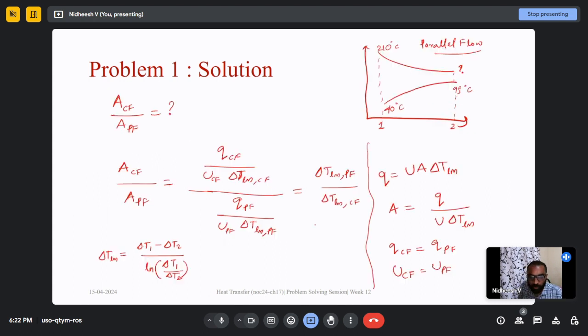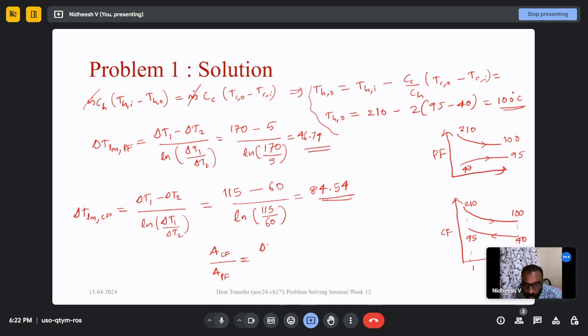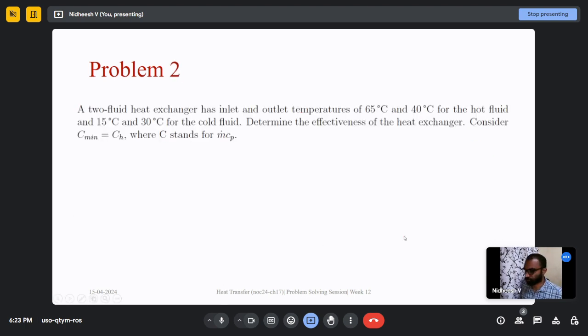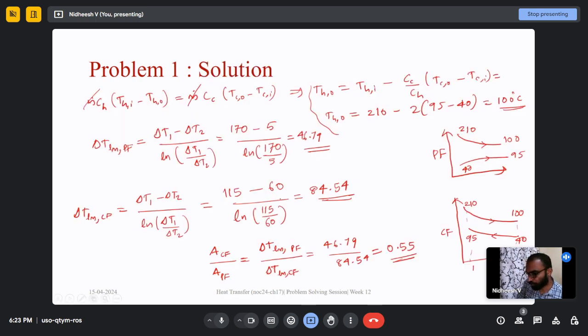We have already found out that this is the ratio of the log mean temperature difference of parallel flow to the log mean temperature difference of counterflow, which is equal to 46.79 divided by 84.54, which is equal to about 0.55. This would be the final answer.